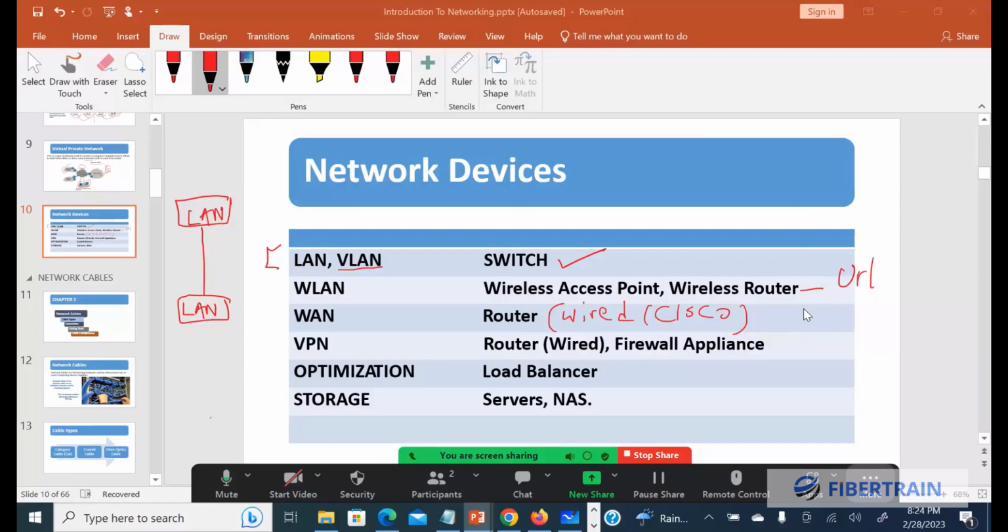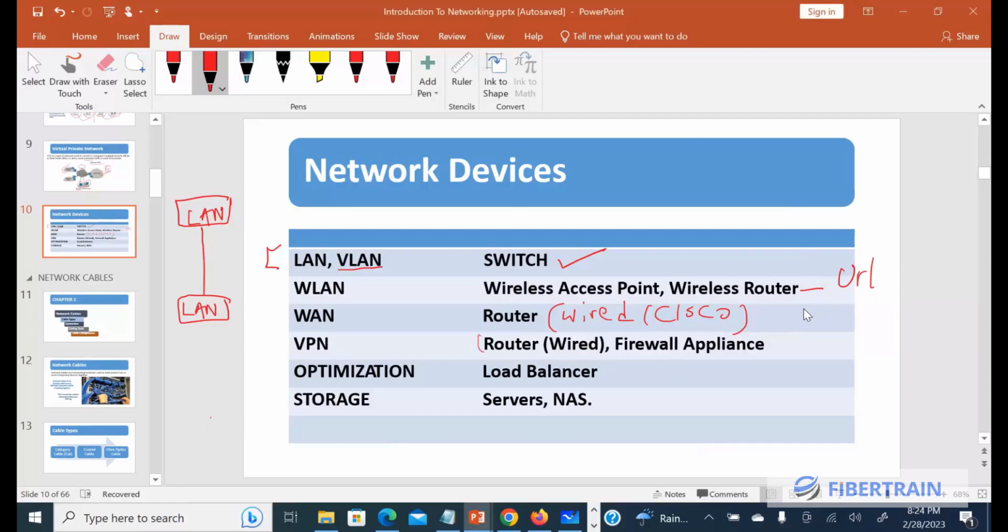So devices we can use for VPN setup could be a router. It could also be a firewall. A firewall is a security appliance. So in the cybersecurity class, you will see a firewall and see how to log into it and configure it. It's an appliance in which we could block some websites, we could stop some malware from coming into our company IT infrastructure, and we could prevent cyber attacks from breaking into our systems.